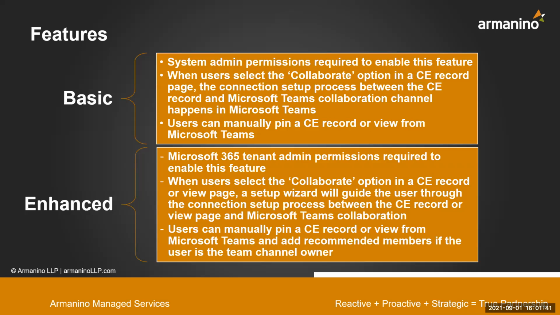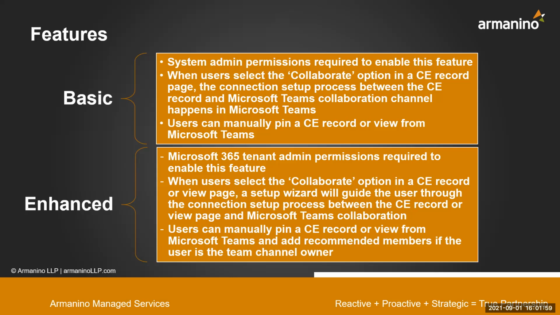So there are two features that you can enable. Either it's the basic integration with Microsoft Teams or the enhanced integration with Microsoft Teams. Basic is going to require system admin permissions to enable.